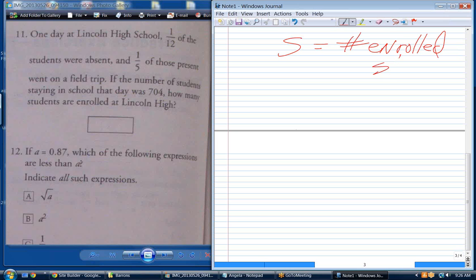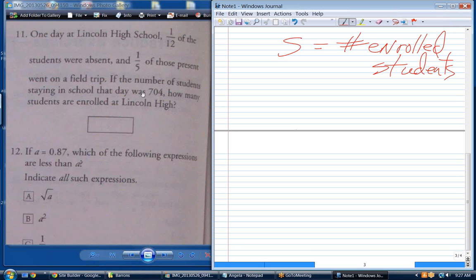You don't necessarily have to spell it out like this, but I think it's an extremely important step. Once you define your variable, you're able to lay out an equation. That's usually what happens on word problems: the moment you define that variable and what it is, it becomes a whole lot easier.